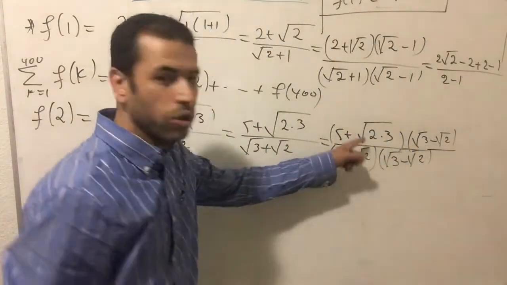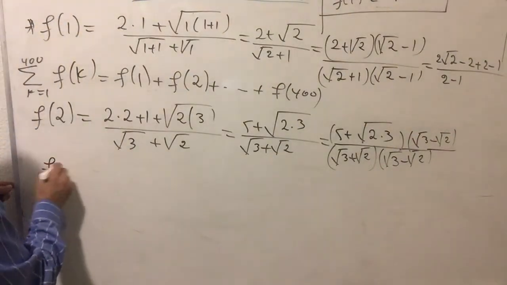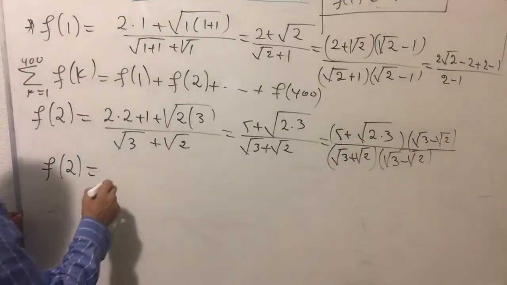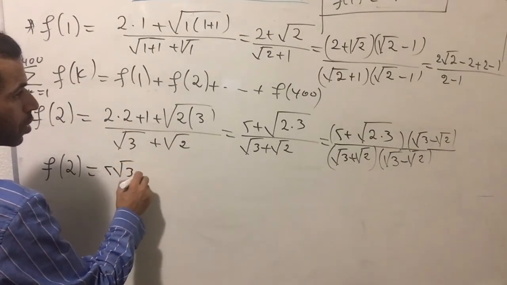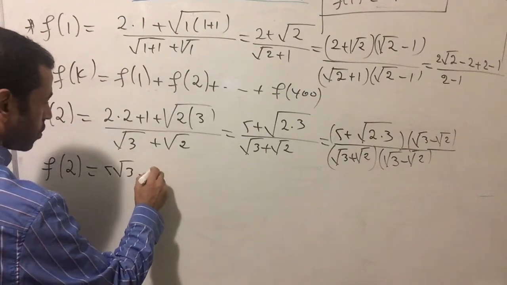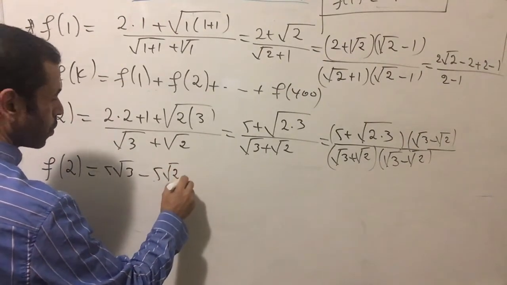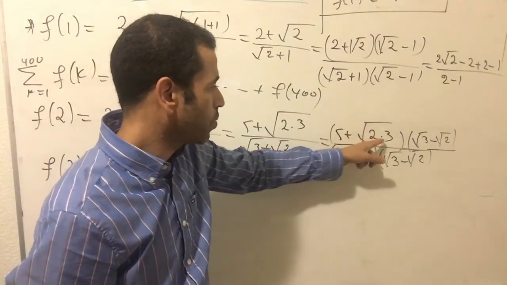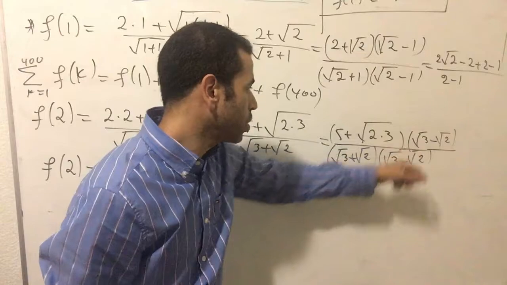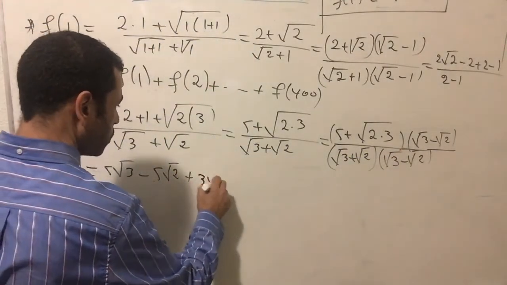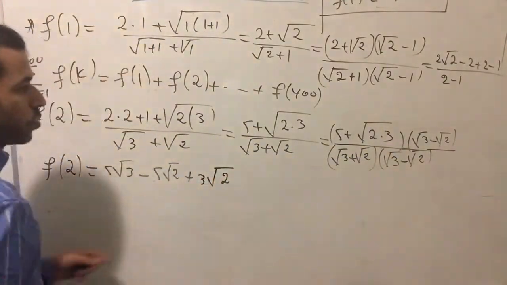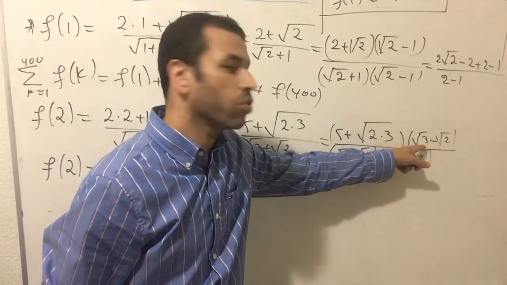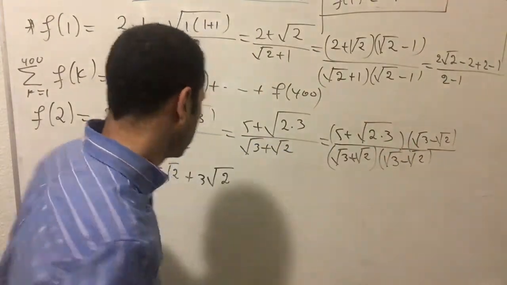So now I'm going to distribute this one. So I will have f of 2: 5 multiplied by square root of 3, which is 5 square root of 3, minus 5 square root of 2, okay, plus square root of 2 multiplied by 3 multiplied by square root of 3 is giving you 3 multiplied by square root of 2, because square root of 3 multiplied by square root of 3 equals 3.